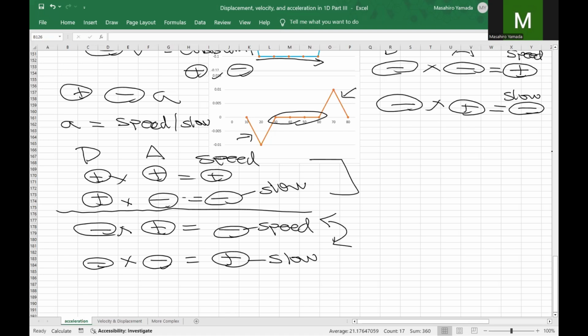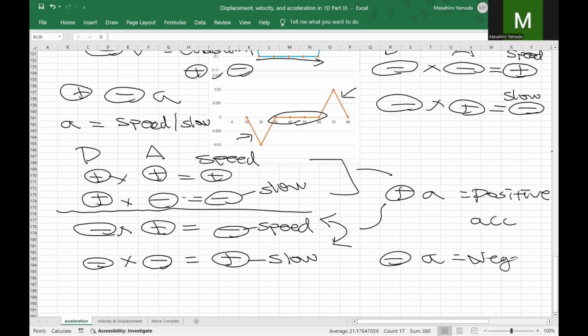And regardless of this slowing down or speeding up, a positive value of a is known as positive acceleration, and a negative sign of acceleration is known as negative acceleration.